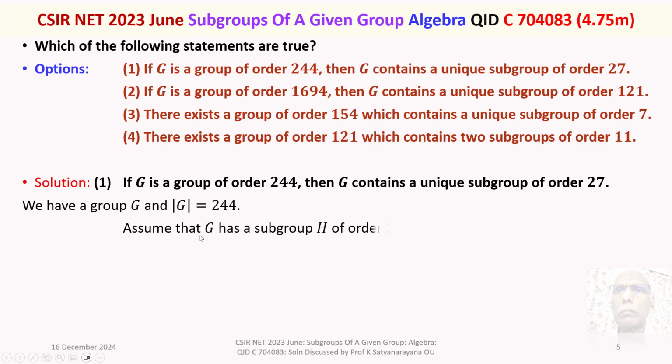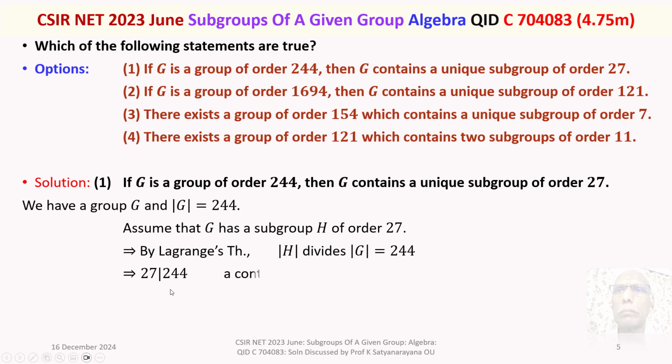Assume that G has a subgroup H of order 27. By Lagrange's theorem, order of H divides order of G, that is 244. This means 27 must divide 244, which is a contradiction because 27 does not divide 244.